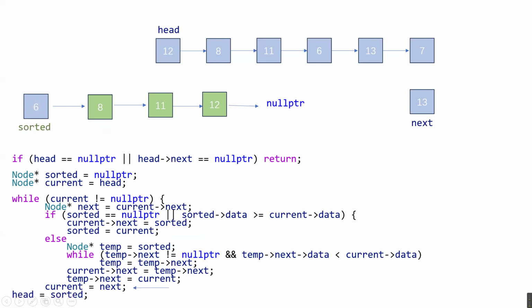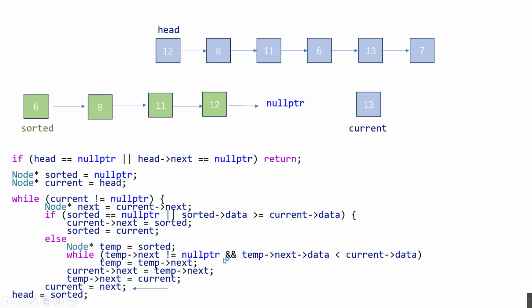And then the current will become the next. So in this step, we get a new sorted sequence. It has 4 elements. So the rest of the unsorted sequence only has 2 elements, this one and this one, right?